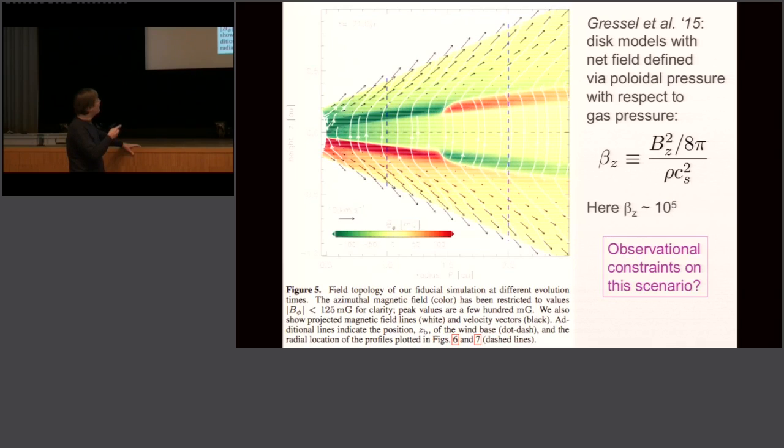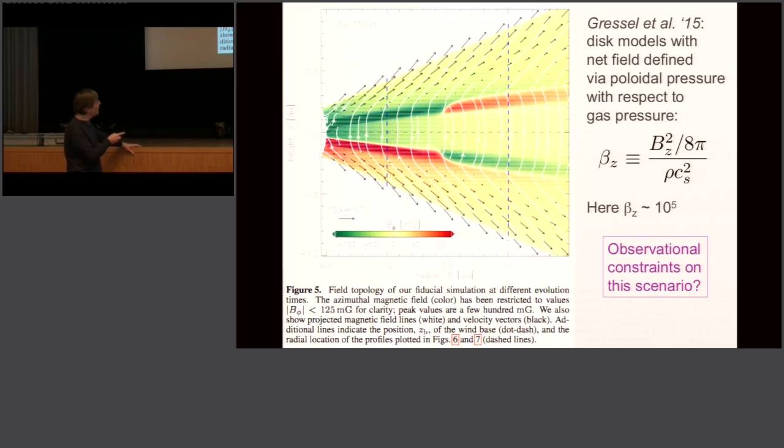And the point to note here is that you see these arrows which are showing the velocity of the flow. Within the disk, the flow is basically in hydrostatic equilibrium, but away from the disk surface, you are producing here a global disk wind that is carrying away mass and angular momentum from the terrestrial planet-forming region.